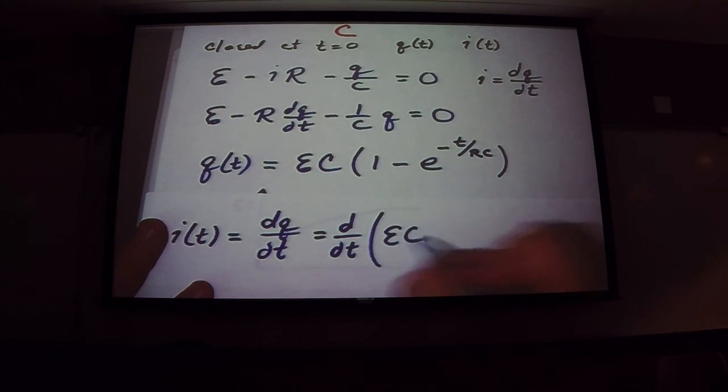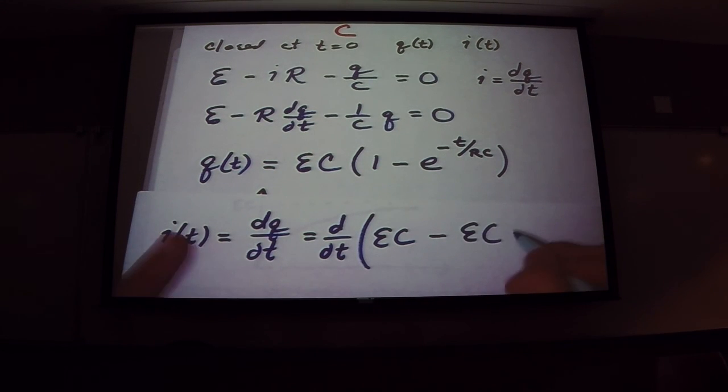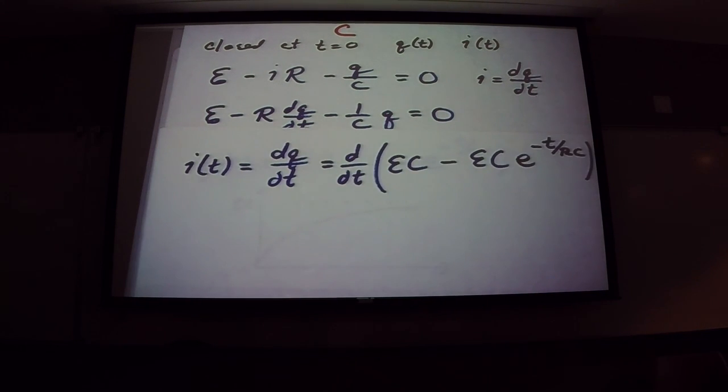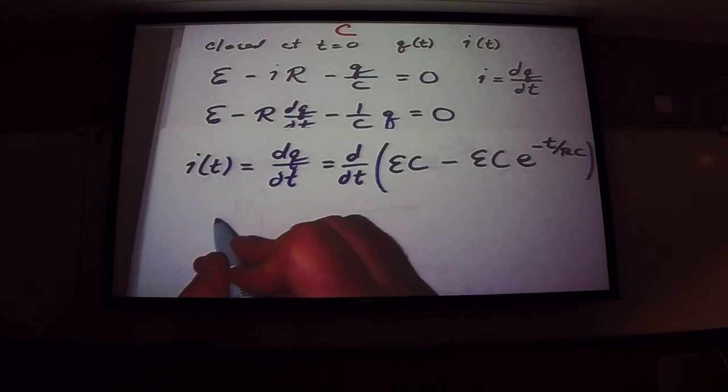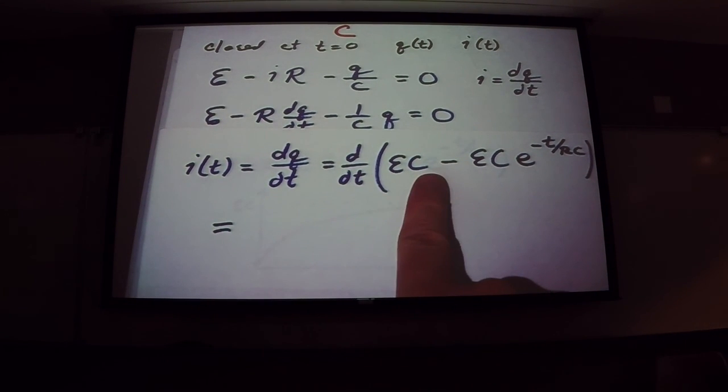So I get EC minus EC e to the minus t over RC. This part you should know. This part you should be able to do. Hopefully you can. Just remember that these two things are constants.